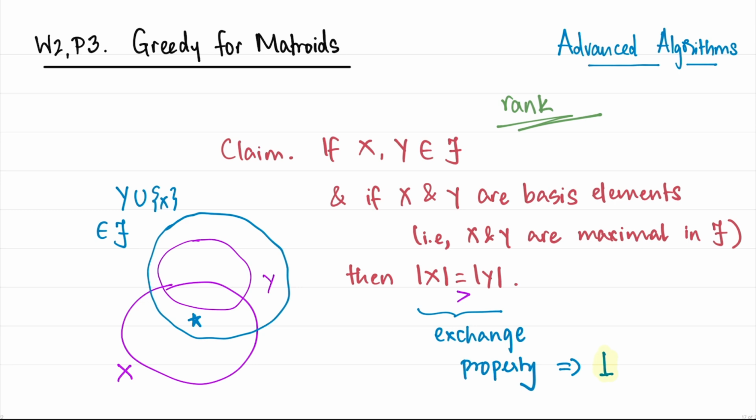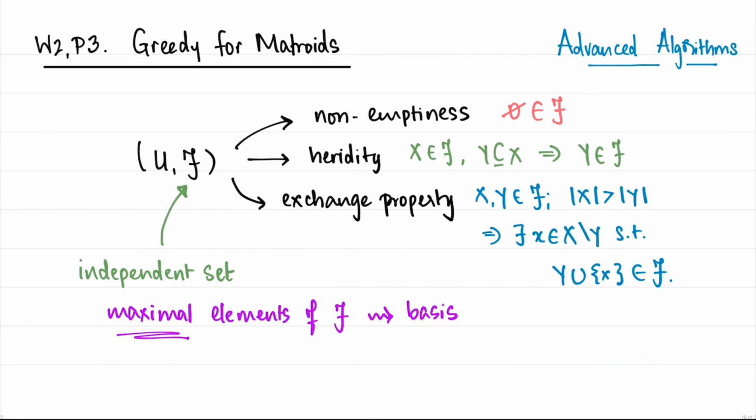And I should also mention that if you have a set which is not in the family, sometimes it's called a dependent set, which is just the opposite of independent. That's worth remembering. If you're in the family, then you're an independent set. If you're out of the family, then you're a dependent set.